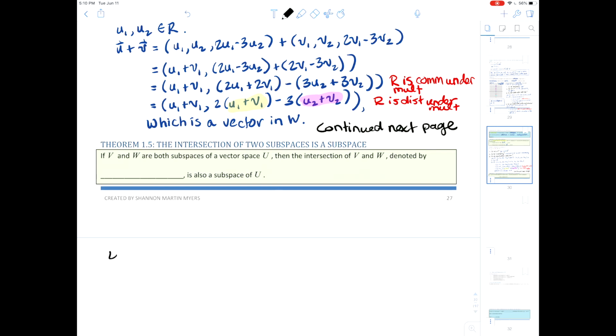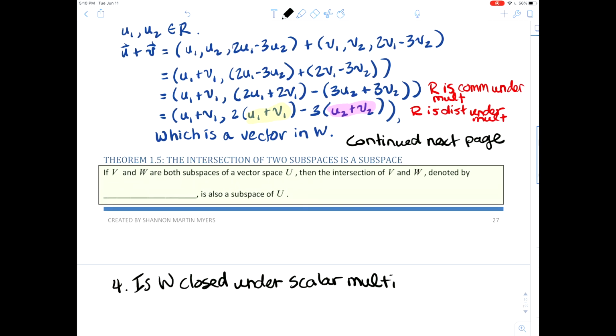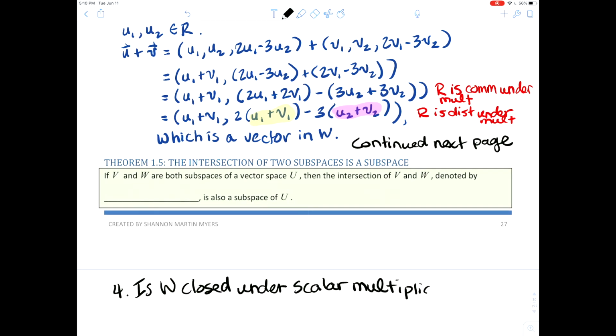So the fourth thing that we wanted to check was, is W closed under scalar multiplication? So let's check it out.